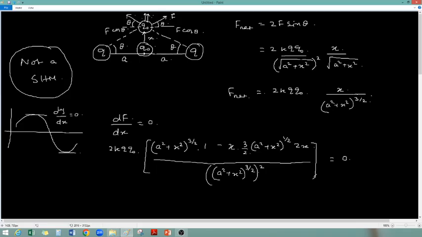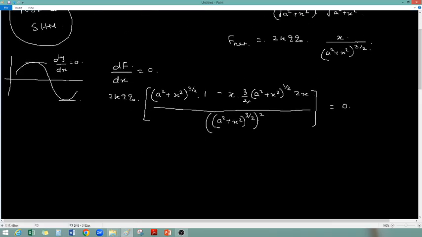My suggestion is don't get scared by these long expressions. This is a constant. When it goes to the other side, it becomes 0. This is some expression. When it goes this side, it becomes 0. So I just have to deal only with this one. Again, I can take some of the common things. I can take a squared plus x squared over 1 by 2, and what is left is 1 here, minus this 2 and this 2 cancels, 3x squared.